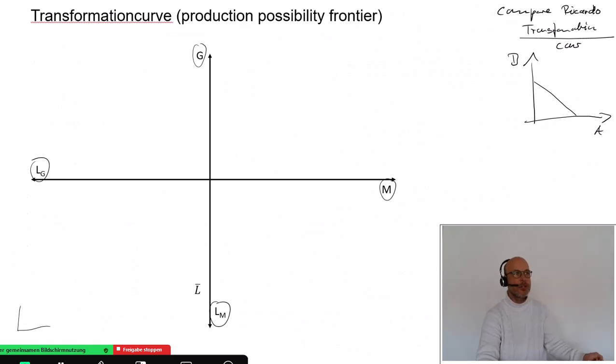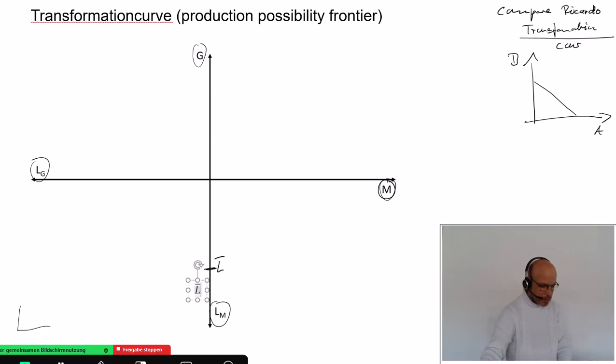And these people can choose if they want to work in the agricultural or in the industrial sector. Well, how does now the distribution between these two sectors look like? Well, it is possible that everybody is working in the industrial sector. Then we have this full employment in the industrial sector, and the maximum employment would be this L bar here.